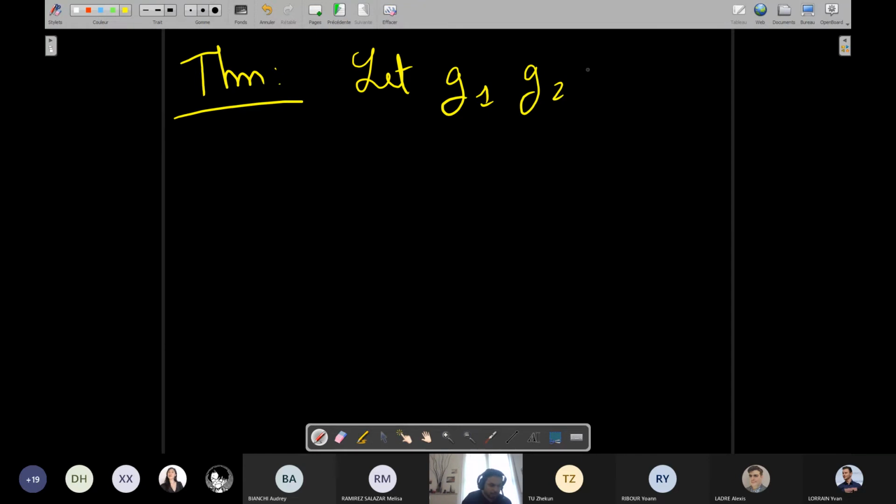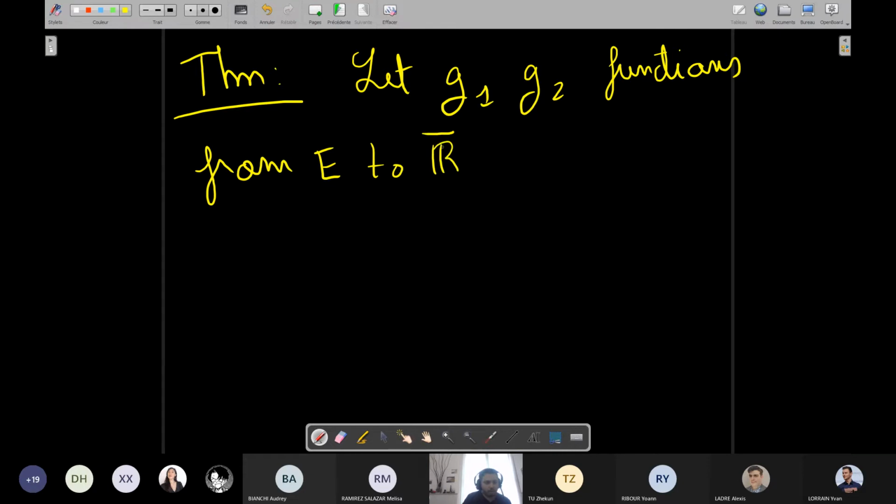Now we have the main theorem of expectation, which is linearity. So this is a theorem. Let G1 and G2 be functions from E to R bar.